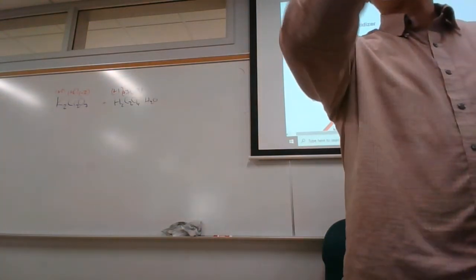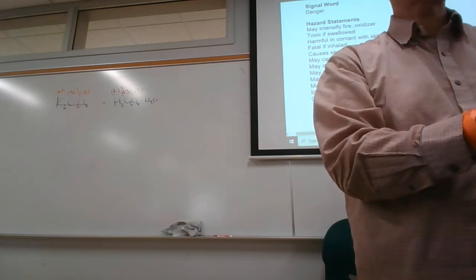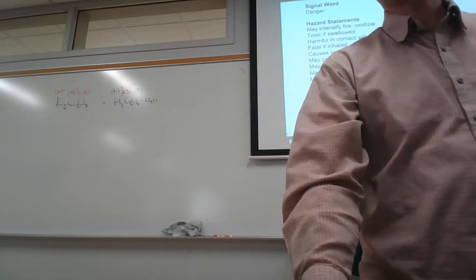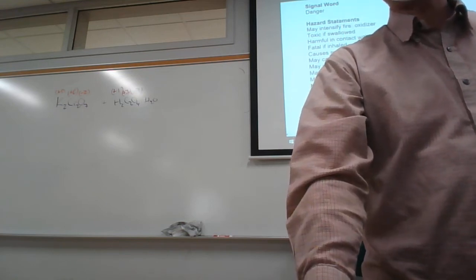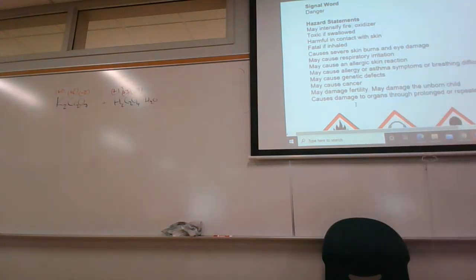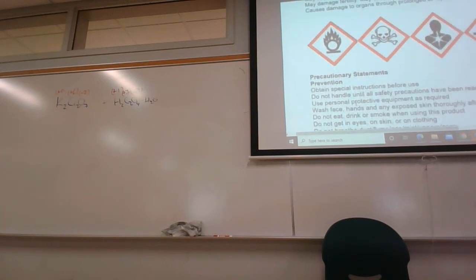When we handle potassium dichromate, we don't want to touch it with our fingers. We don't want to get any on our hands. We don't want to inhale any of the vapors. So as long as we do that, then it's fairly safe. We're minimizing contact with it. Just keep that in mind. Here it's an oxidizer, so it supports combustion.